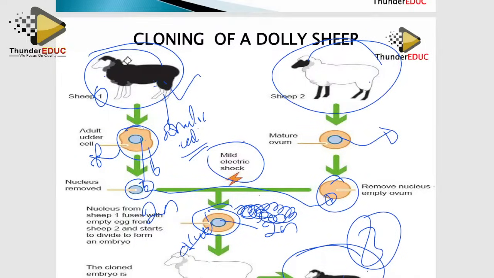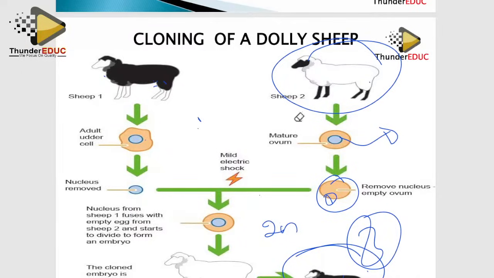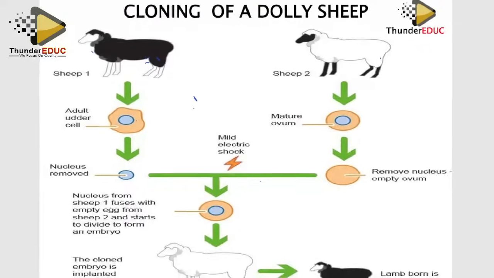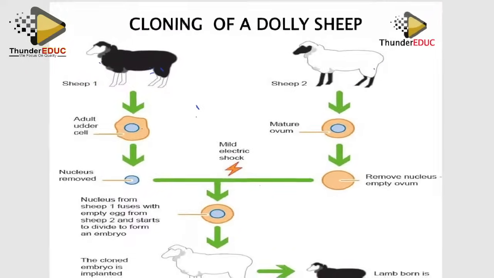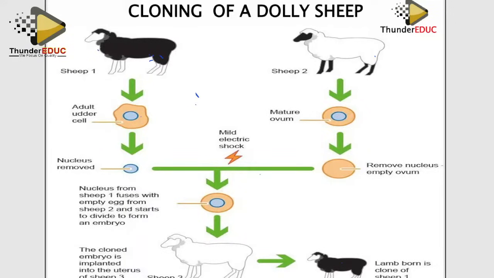How is the question being set here? The question is set in this way. The first question is this: why did we use the nucleus of this sheep, not this sheep?